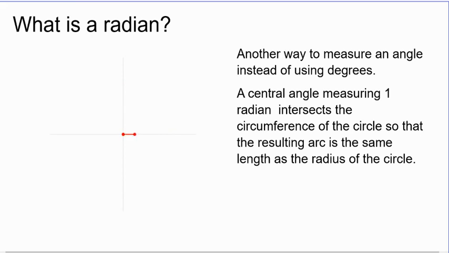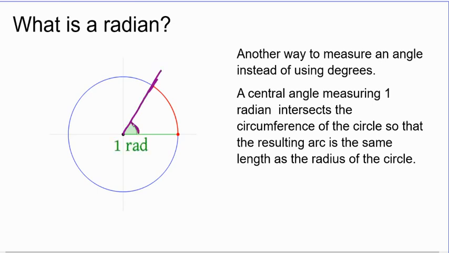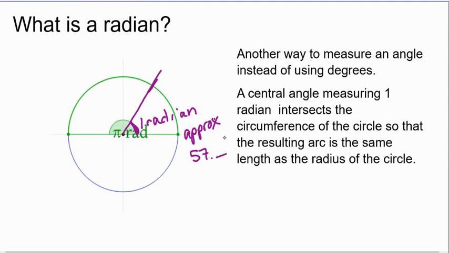So to restate what this is saying, let's just replay it for a second. Where this stops right here, right? This angle right here has a measure of 1 radian, and it is approximately 57 point something degrees.